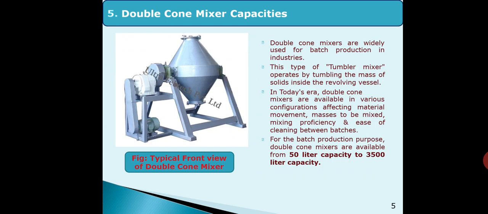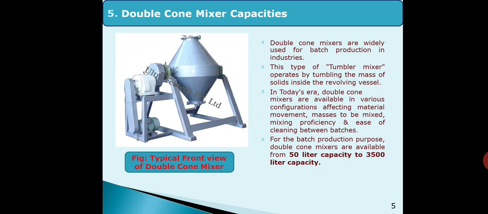See, this is the double cone blender which we are using for pharmaceutical or any other industries. It has a capacity of 50 liters to 3500 liters. You can see in the diagram the blender, the cone is mounted on a shaft, and the rod on which the cone is mounted is attached to a motor.